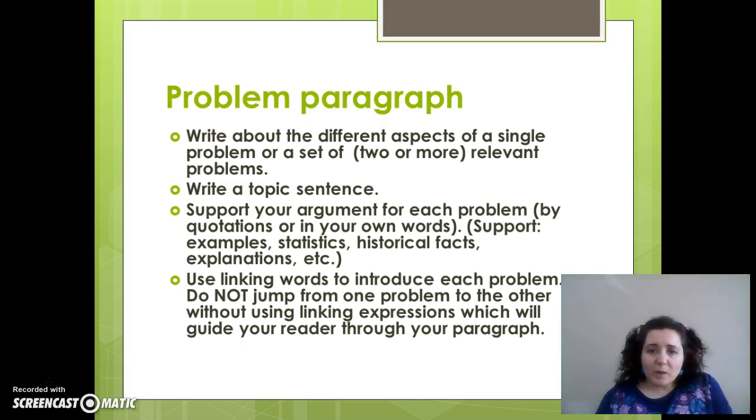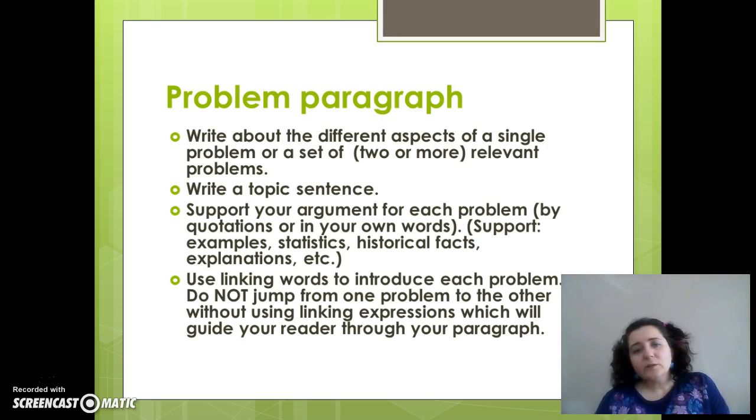So for each problem, or for each aspect of the problem, you need to come up with an argument and some support. Again, your supports can be twofold. One is you can find support from the reading text that you are provided, and integrate them into your own text by means of direct quotation.